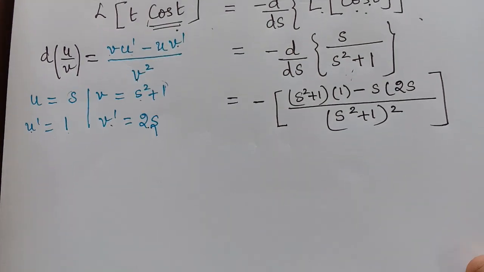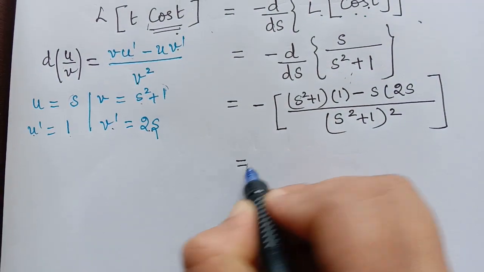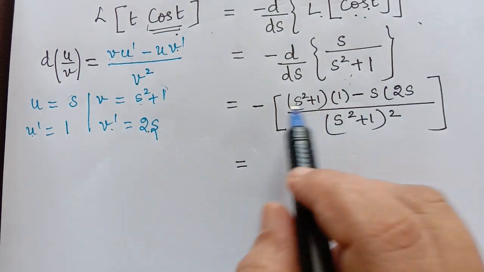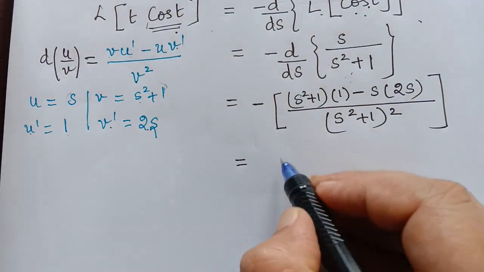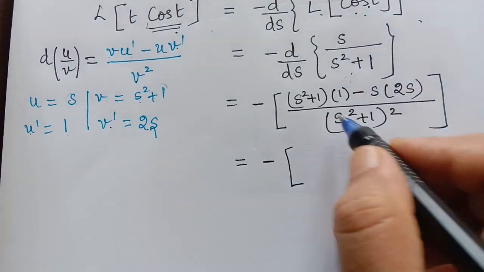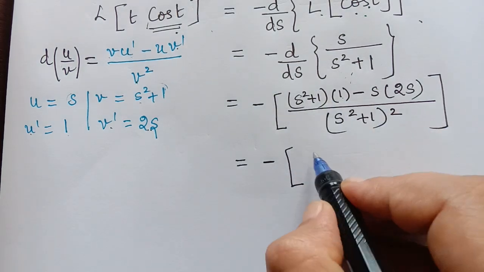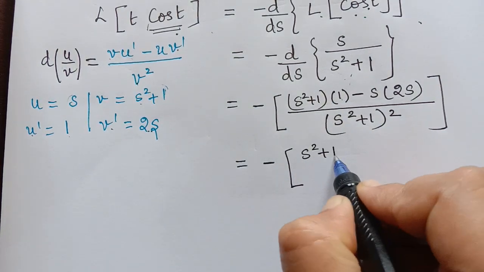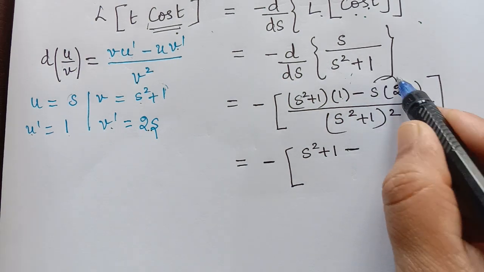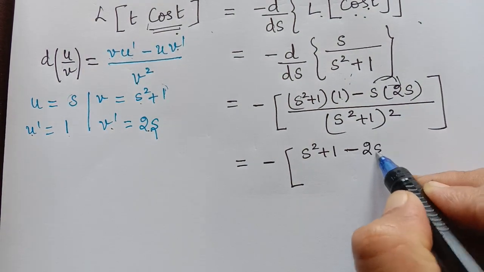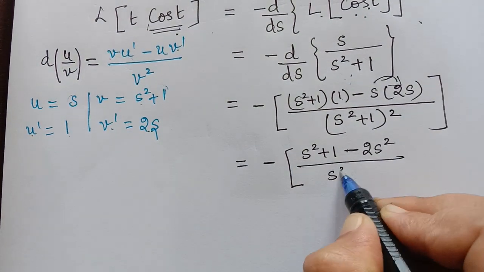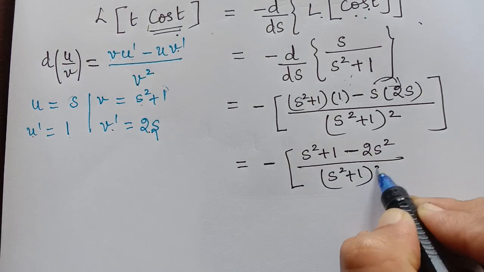We have already solved these kinds of problems in our previous video lectures. If you have followed them, you will understand this more easily. So negative multiplied with, s square plus 1 multiplied with 1 gives s square plus 1, minus s multiplied with 2s gives 2s square, divided by s square plus 1 the whole square.